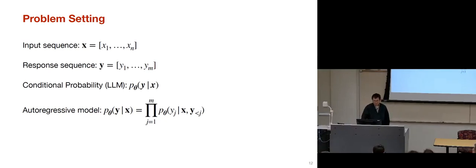If we are dealing with an autoregressive model, then this conditional probability distribution can be decomposed as the product of p theta of yj, where yj is the j-th token in the sequence Y, conditional on X and the previous tokens before yj.